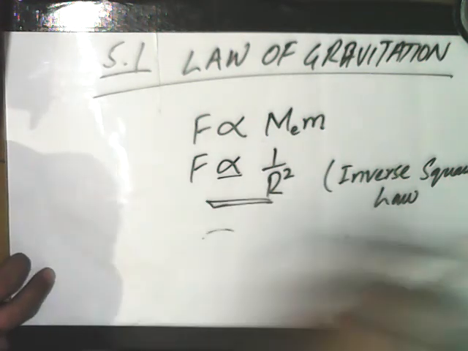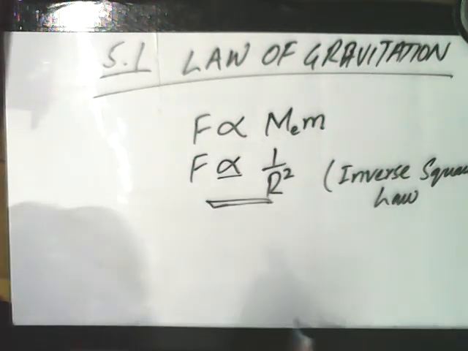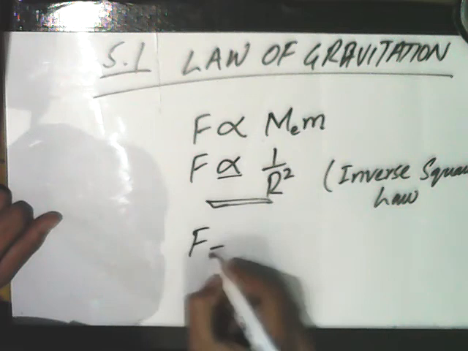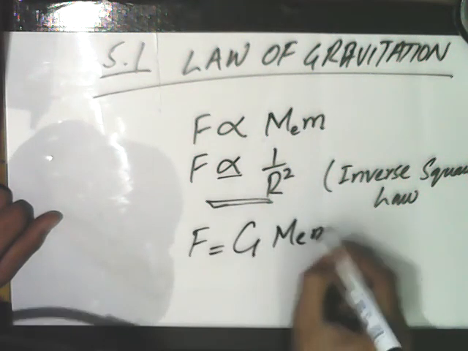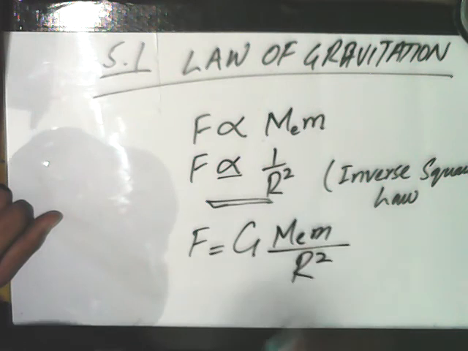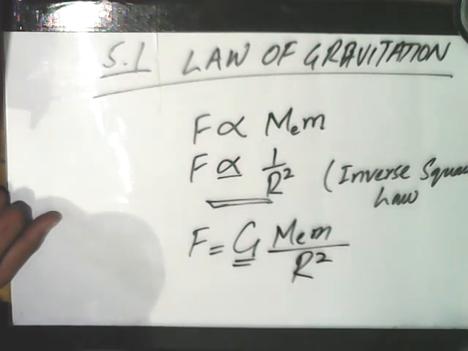Previously we had written a tiny little alphabet over here, which was capital G, and I said we will discuss this in a moment. Now this is called the gravitation constant. It was obviously calculated by Newton himself at that time.